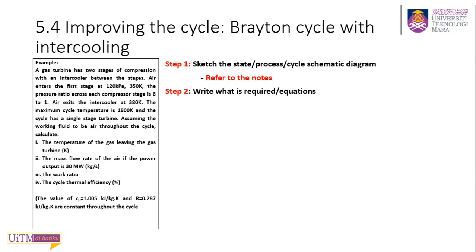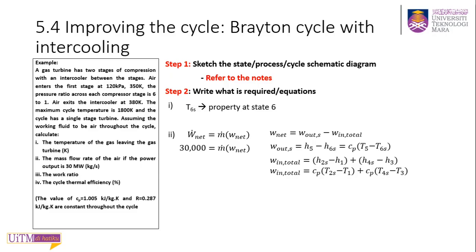Now, based on the question and also the schematic diagram drawn in step 1, the temperature of the gas leaving the turbine is located at state 6. To solve for mass flow rate, since the amount of work produced is given, we can use the following equation to solve for the mass flow rate, but remember to solve for work net first separately.